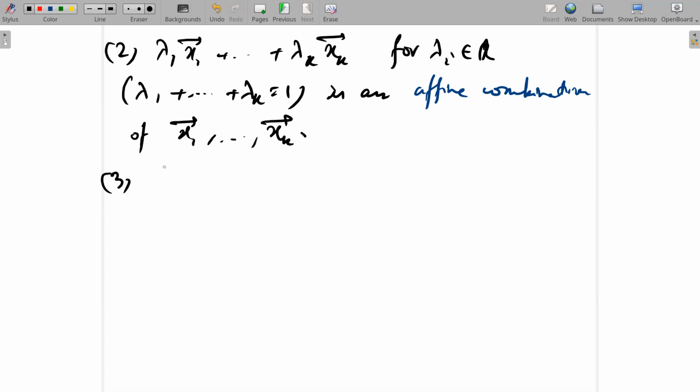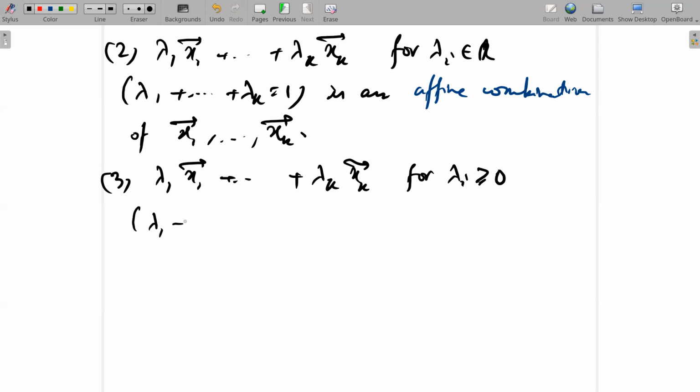Then 3, as you can guess, is convex combinations. So you have this. Our restrictions are, it has to be positive and the sum has to be 1. This is a convex combination.